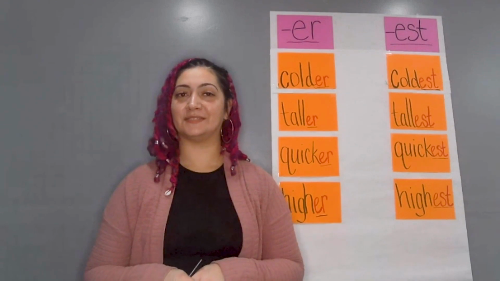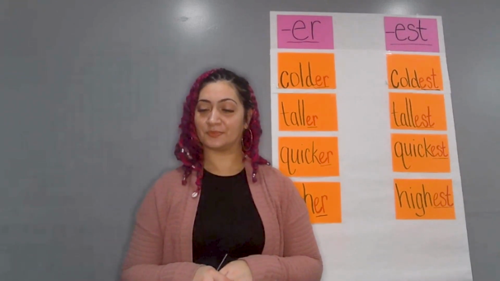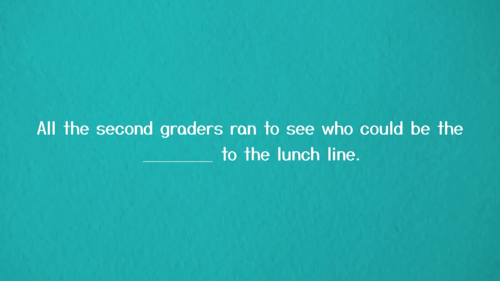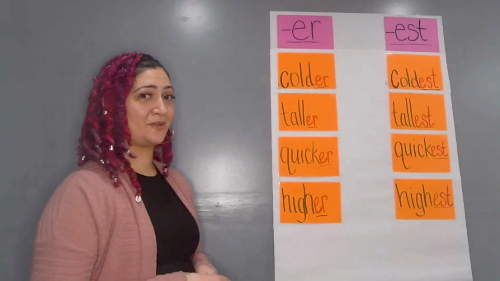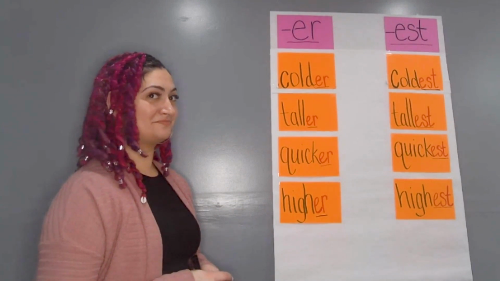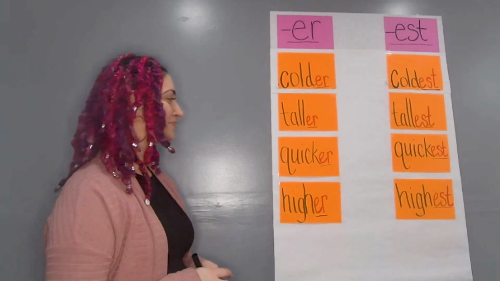Here's our last sentence. All the second graders ran to see who could be blank to the lunch line. Do you think they're running to see how quick they can be? Yeah, I think so too.